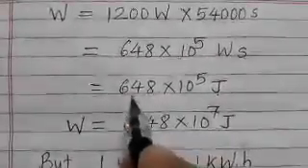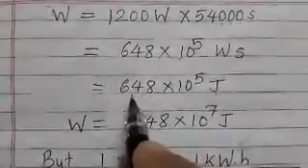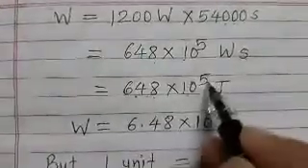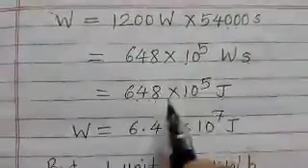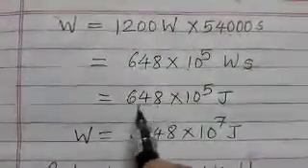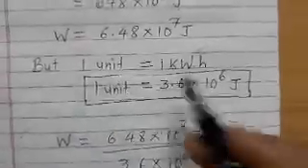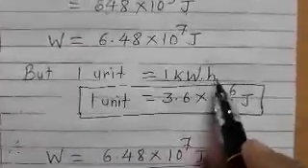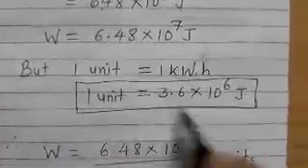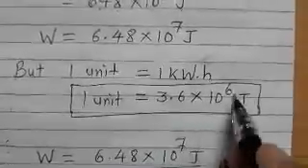Here we give the decimal point, and so this power will increase by 2, because after 2 digits we give the decimal. And we know that 1 unit is equal to 1 kilowatt hour, and that is 3.6 into 10 raised to 6 joules.